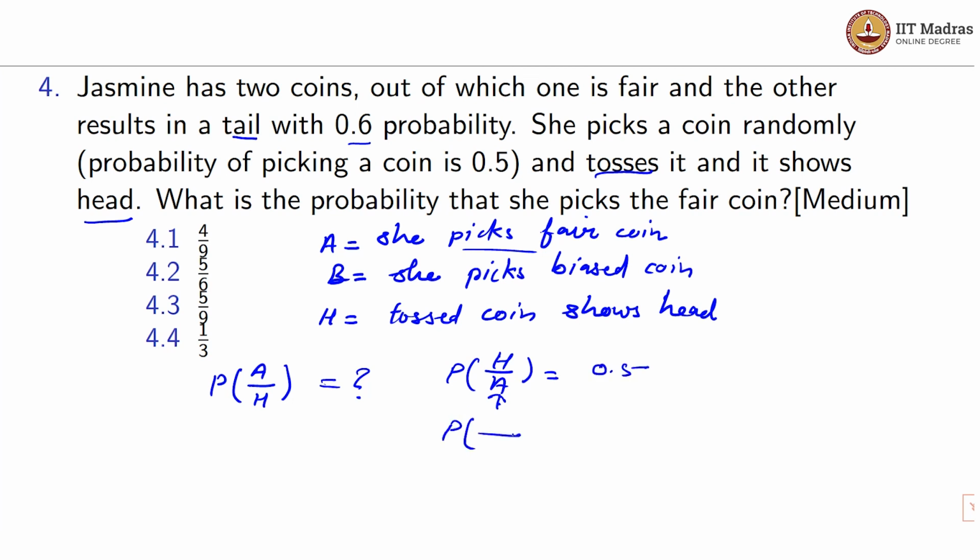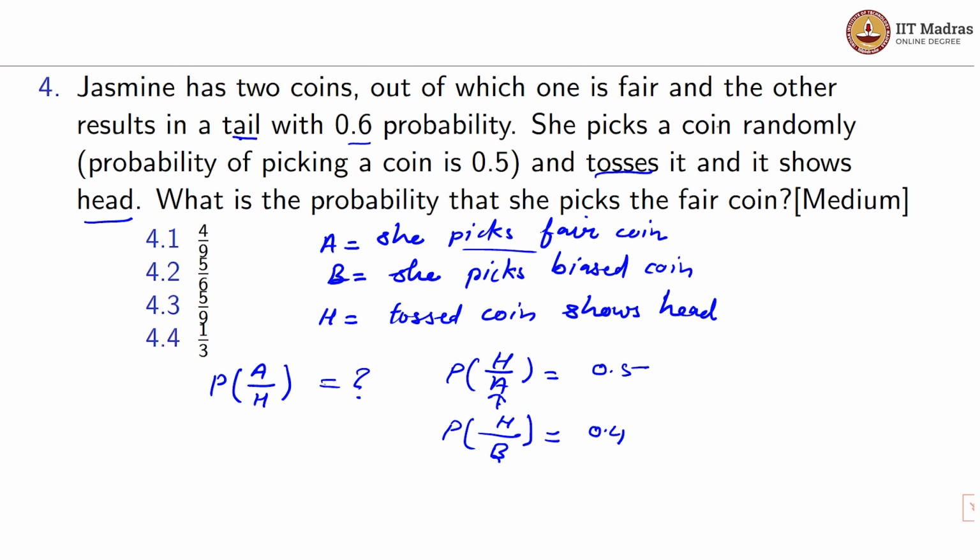And if she chooses the biased coin, then the probability that it will show head will be 0.4, because the biased coin has a probability of 0.6 of showing tail. Hence the probability of H given A is 0.5 and the probability of H given B is 0.4.